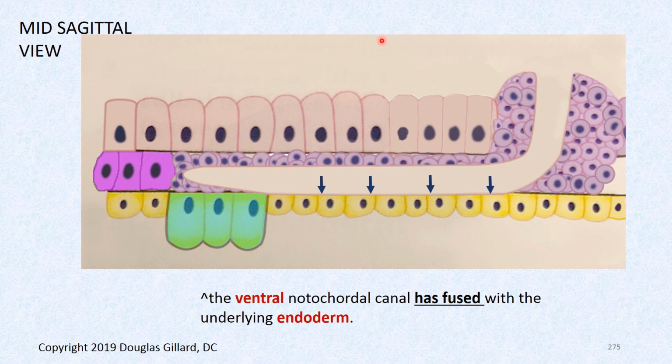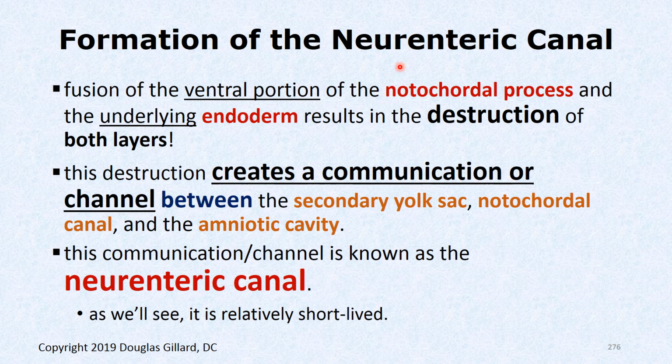That's the amniotic cavity, right? Not shown. Secondary yolk sac is right there. So we're going to develop a communication between these. If you're a little tugboat floating around in this fluid, this secondary yolk sac, you can actually drive your tugboat right into this new lake up here, the amniotic cavity, if you will.